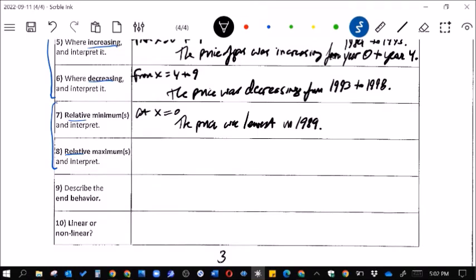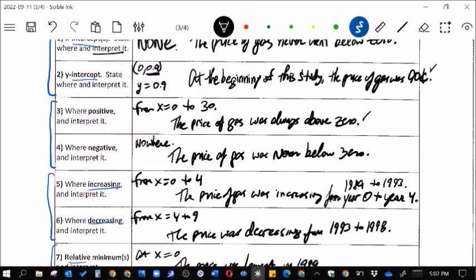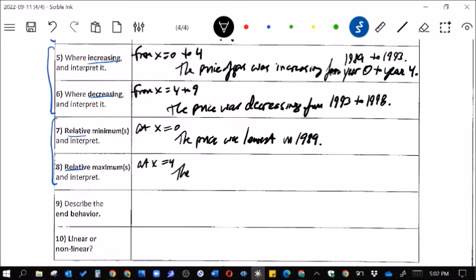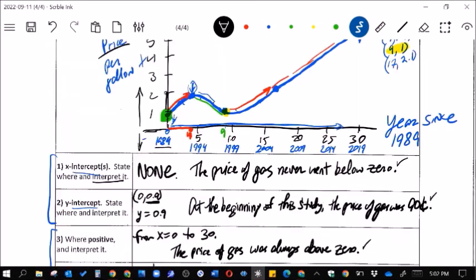Now, the relative maximum was at x equals 4, okay? And what that means is that the price went up to this amount and then started going down. So something along those lines. The price peaked temporarily at, how many dollars was that?